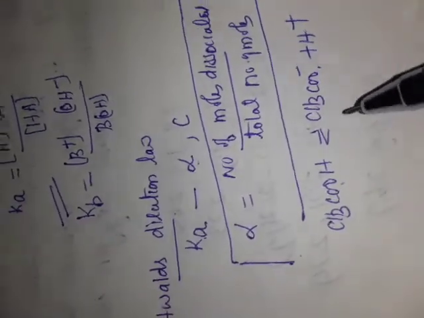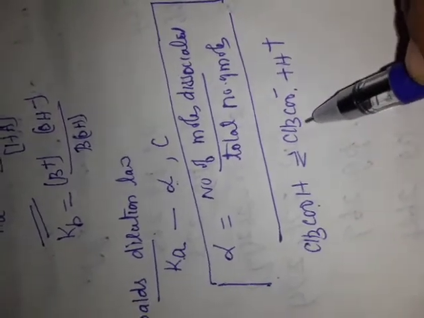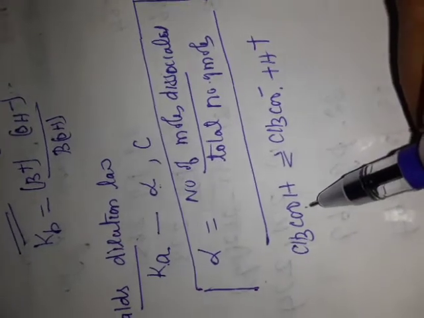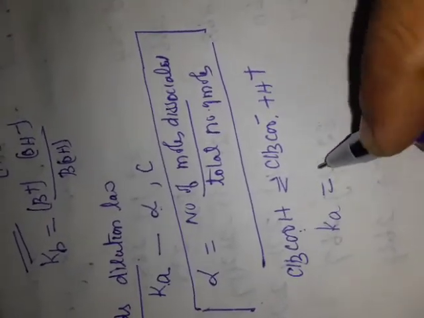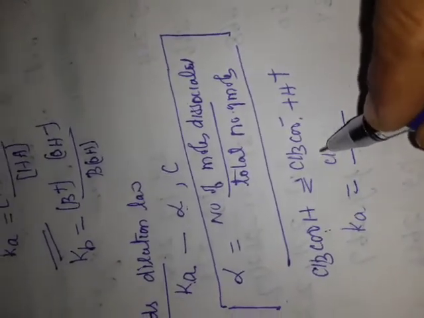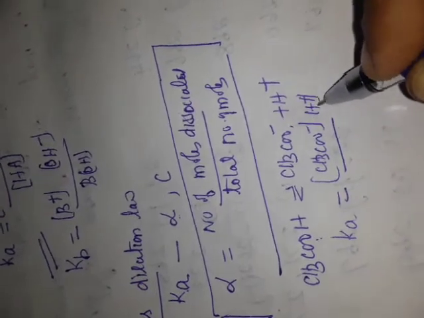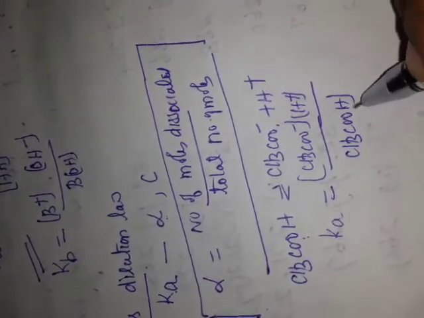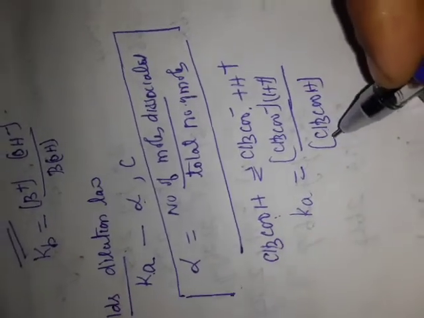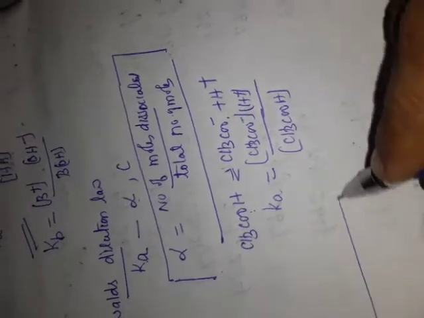Always, for a weak acid, there exists an equilibrium between the dissociated ions and the undissociated acid. So the dissociation constant for this acid is equal to [CH3COO-][H+] by [CH3COOH].